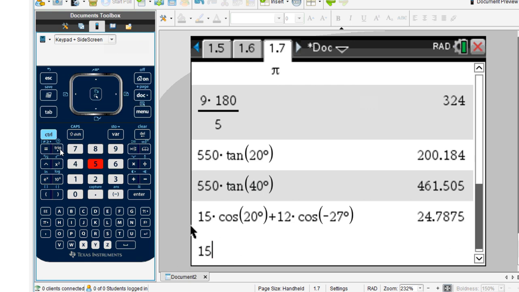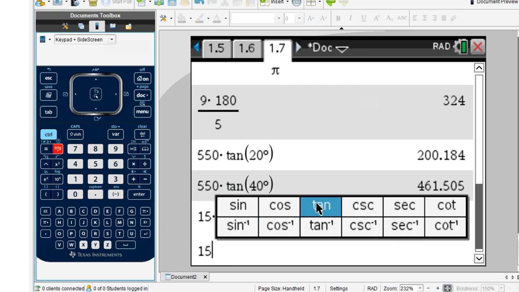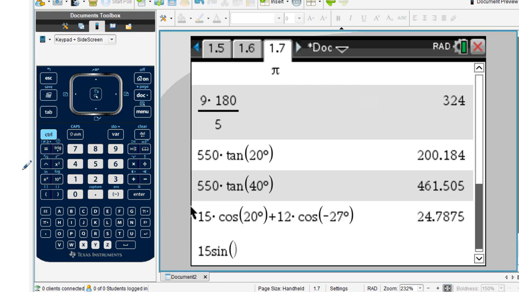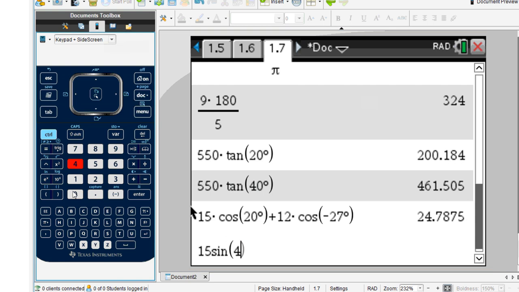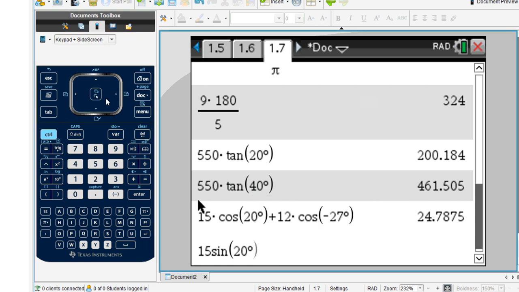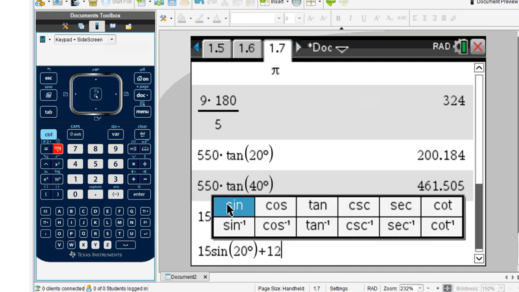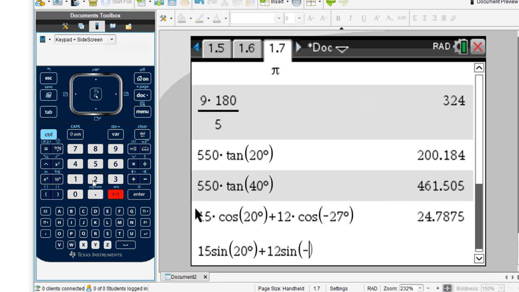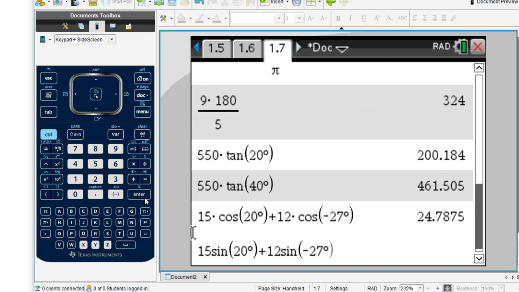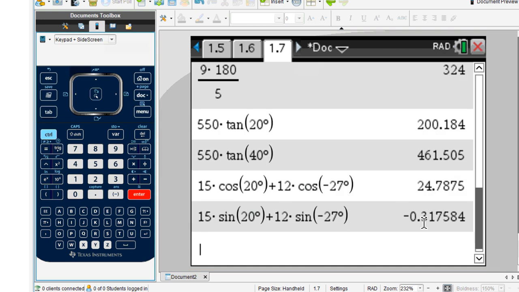15 sine 20 degrees plus 12 sine negative 27 degrees. I think what's going to happen is the sines are going to cancel each other. So that's going to be it, very negligible.